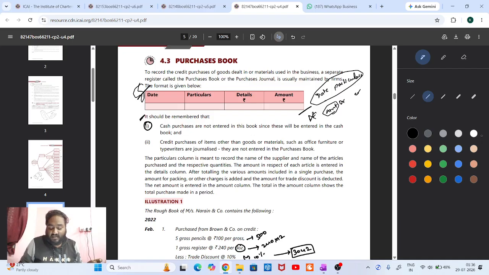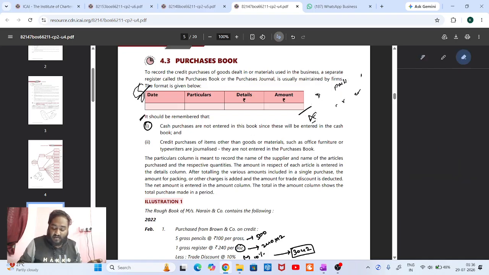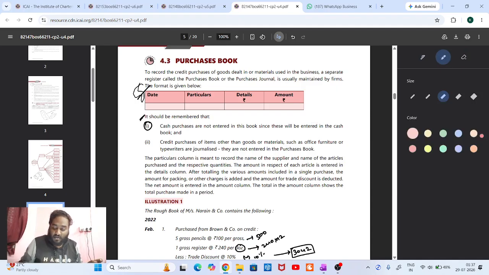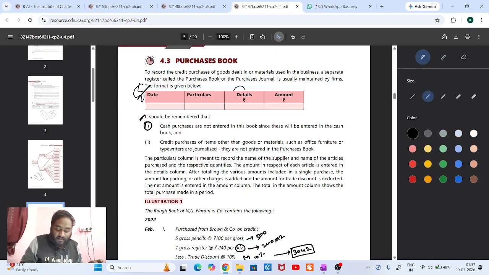If it is ledger, journal folio with debit, and then it is T-form. Here we have a new column or row, whatever you call it. This new column is details. Basically, date, particulars, and then details, and then amount.